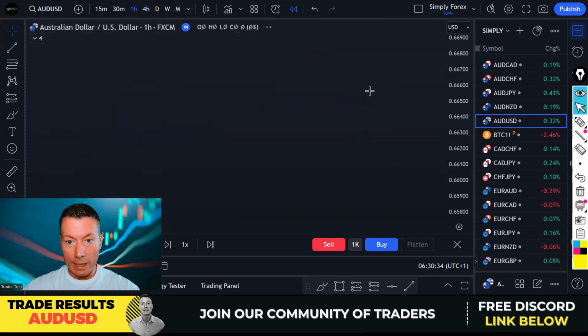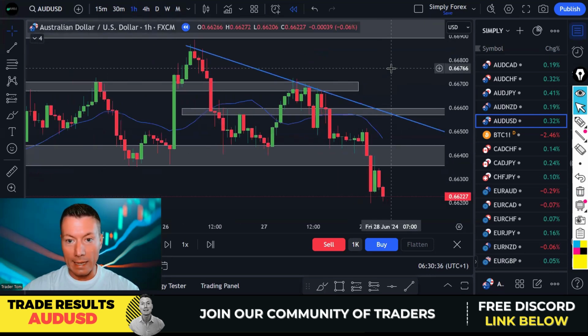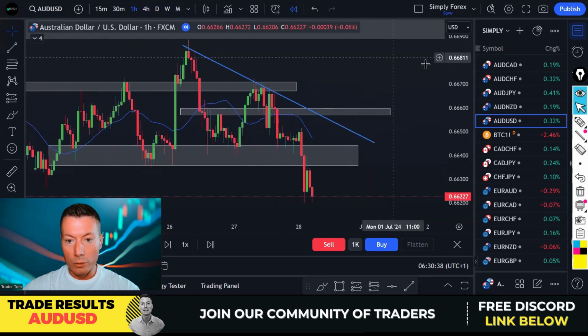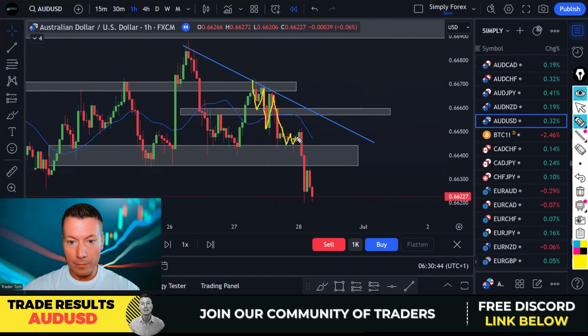Then we'll take a look at the H1 as well, and I'll show you exactly where I entered. So we just follow the H1 structure down, right? Bit of consolidation, then bang, bang, bang, right? We're in a downtrend. I actually got this retrace. I actually entered it. So we had this nice big bearish red candle. I waited for a retrace back to this gray zone, and I started selling here.